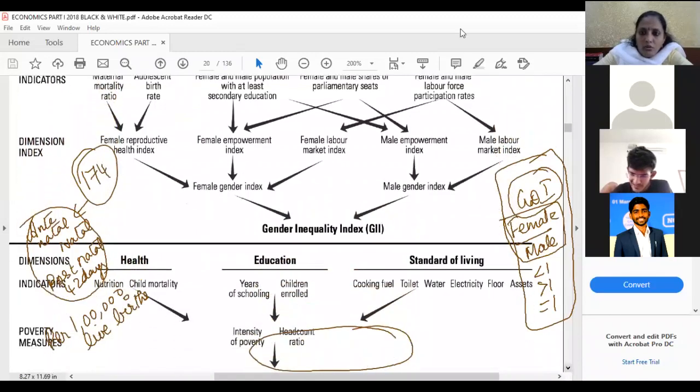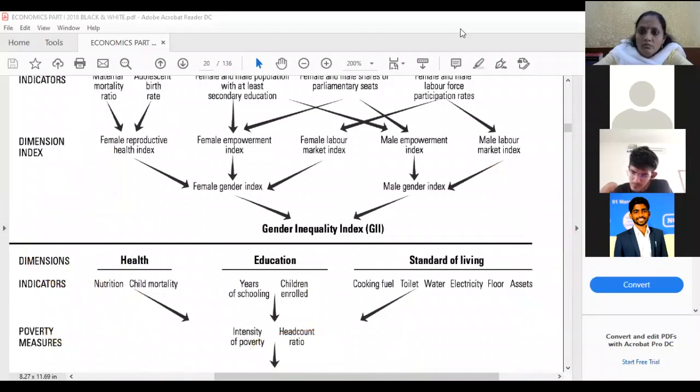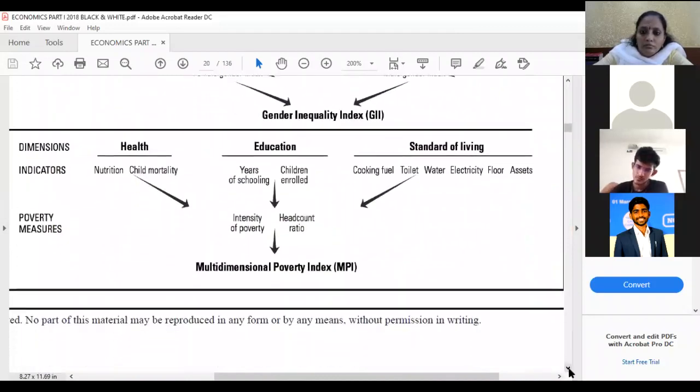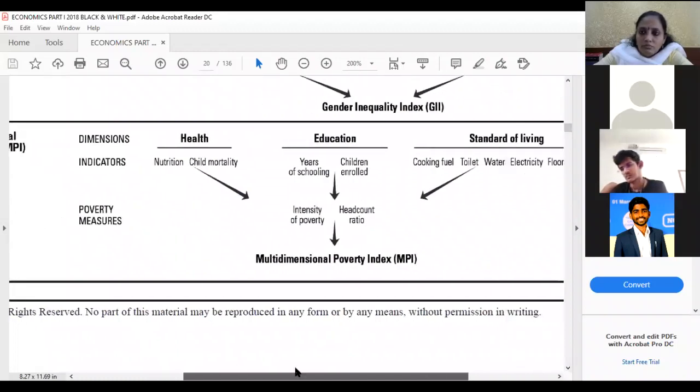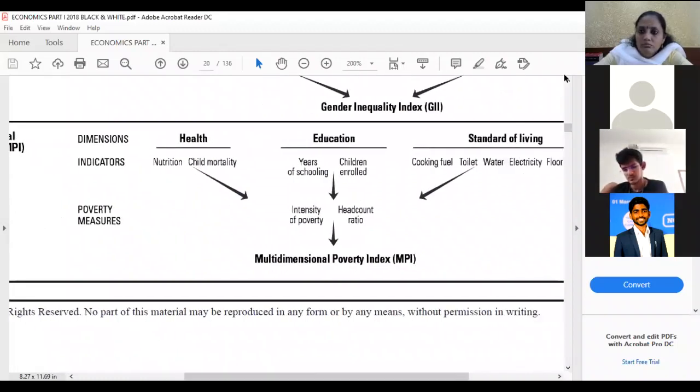The last indicator out of these 5 things is the multidimensional poverty index.